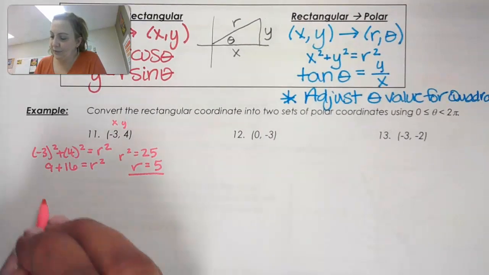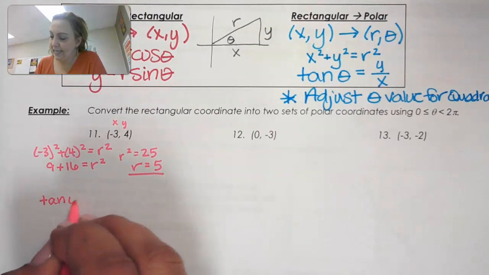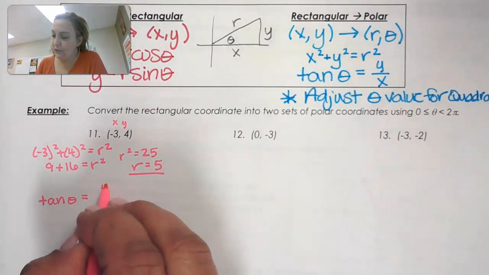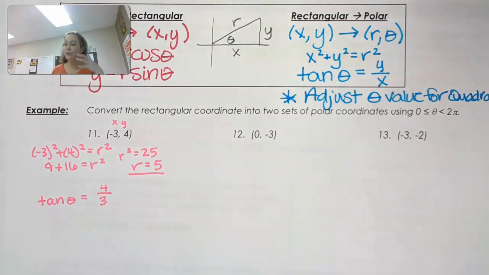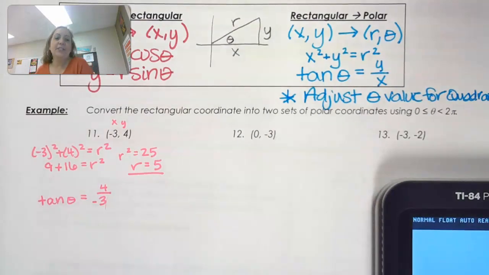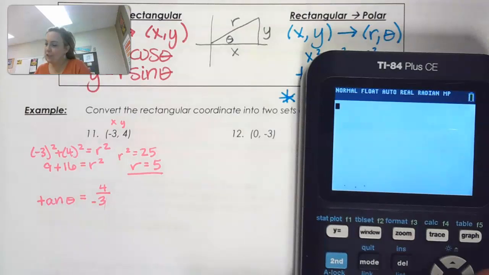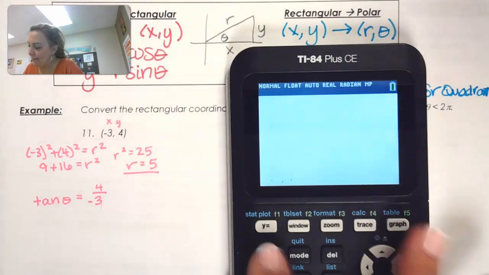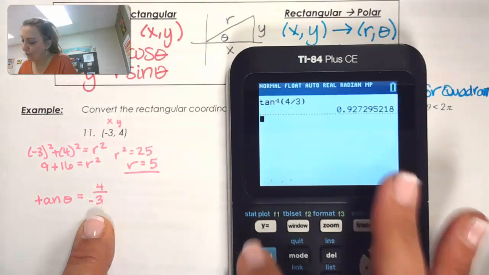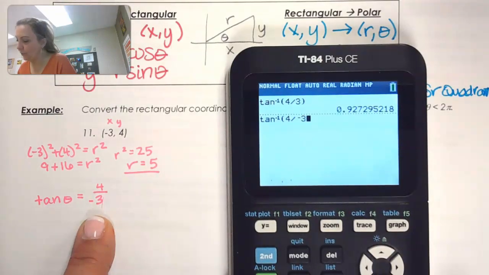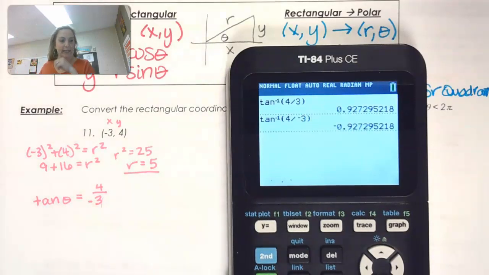The next thing we want to do is say that the tangent of theta equals y over x. And you know that I love me some reference angles, okay? I know x was negative. So when I find my reference angle, I'm going to ignore the sign and take the inverse tangent of just 4/3. Or you could take the inverse tangent of 4 over -3 and then ignore the sign, okay?